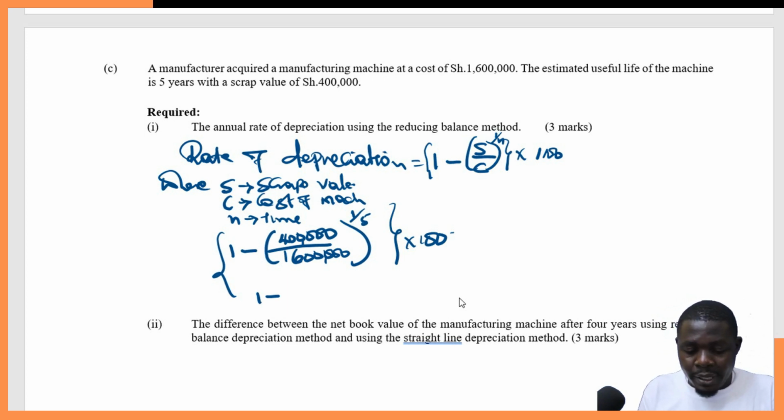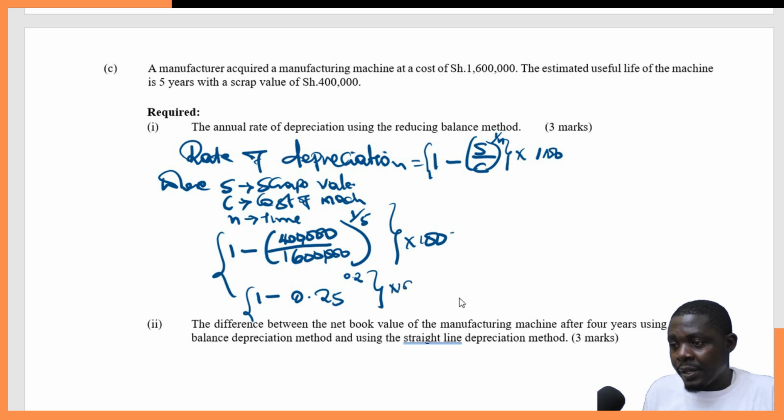It is 400 divided by 1,600,000. You have 0.25, but raised to power 0.2. We multiply by 100. Answer raised to power 0.2.